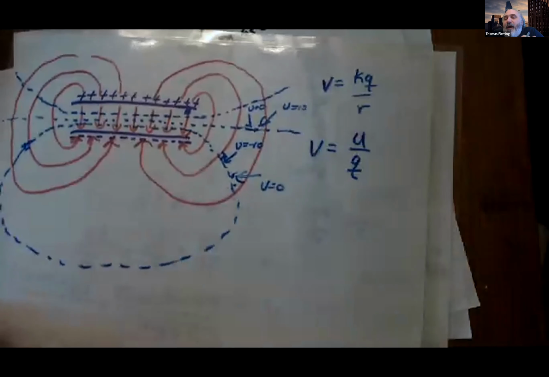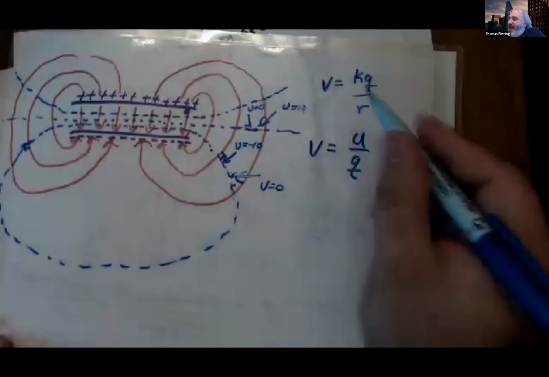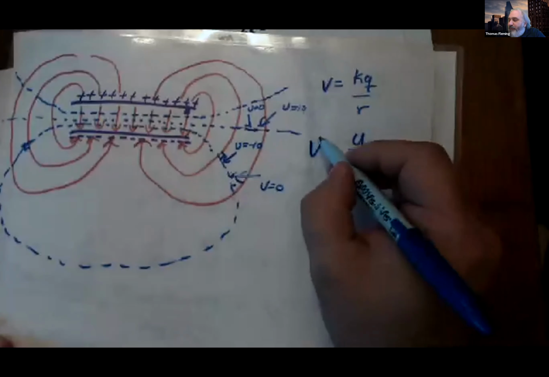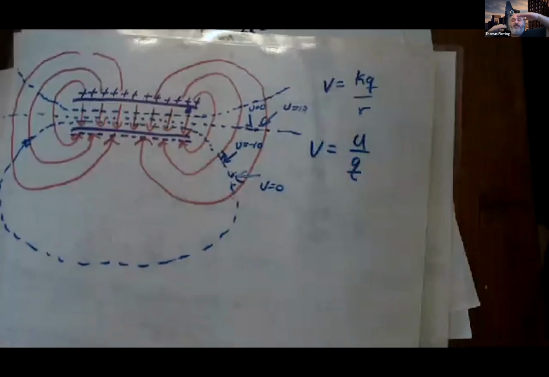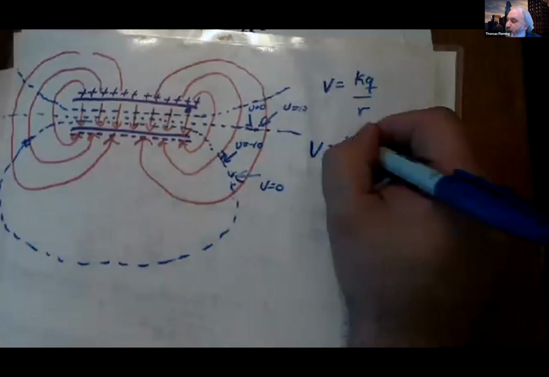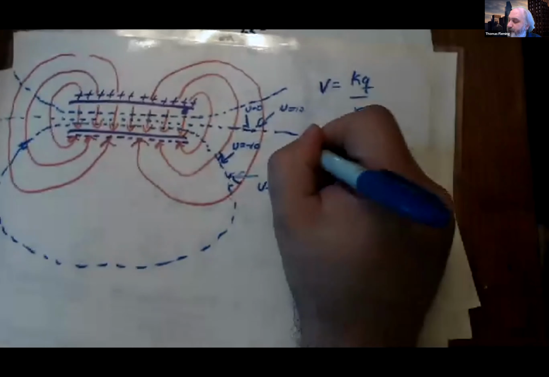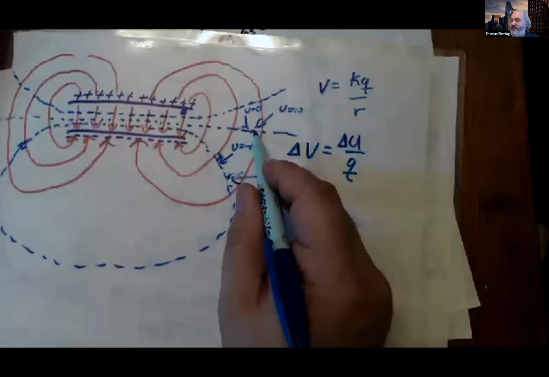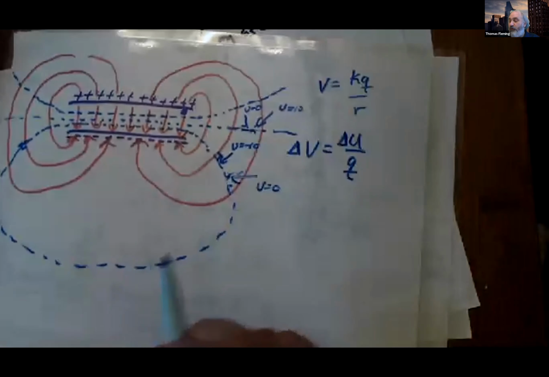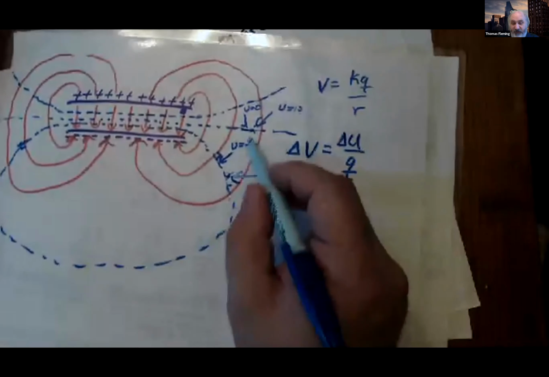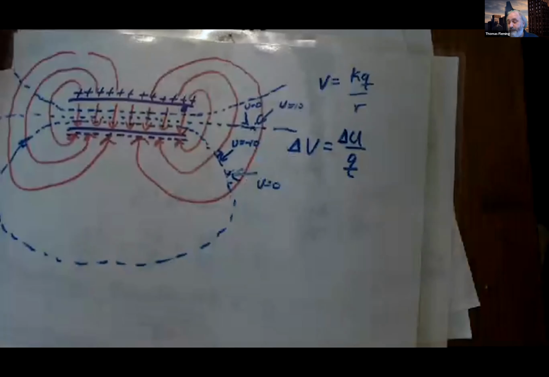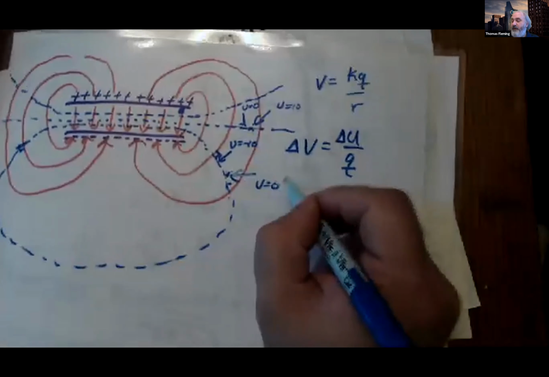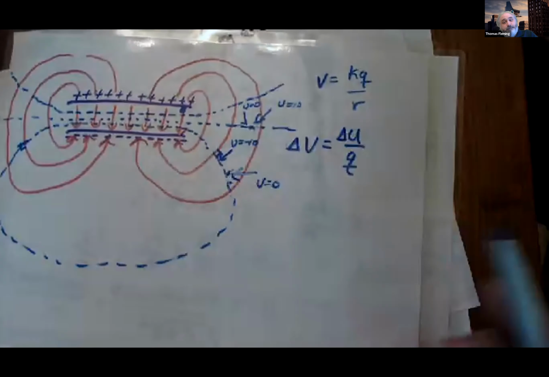So what we care about with electric potential energy, and therefore with electric potential, is often not the absolute number for U or the absolute number for V, because we can always shift that up or down by any constant if we wanted to, but rather the difference from point A to point B. So from here to here, the change in potential energy is a certain number of joules. The change in potential is 10 volts, always. If this is V equals 1,000,000, this would be V equals 1,000,010.